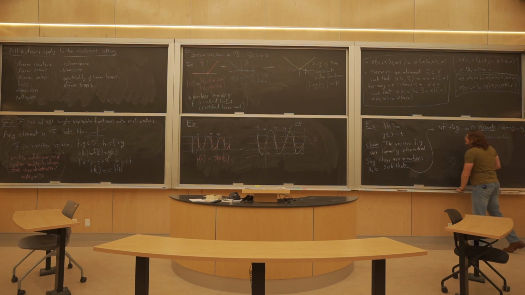Okay? And what does this mean? This means that no matter what the input t is, a times f of t plus b times g of t equals 0.